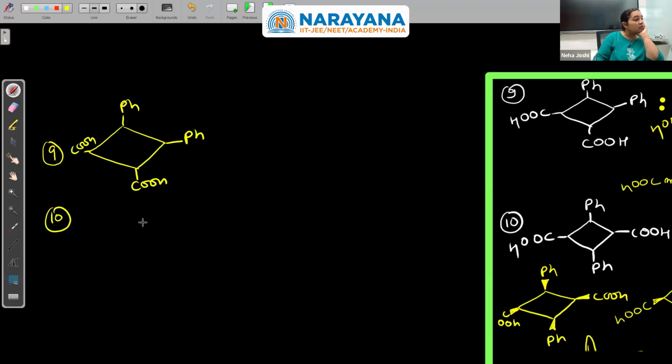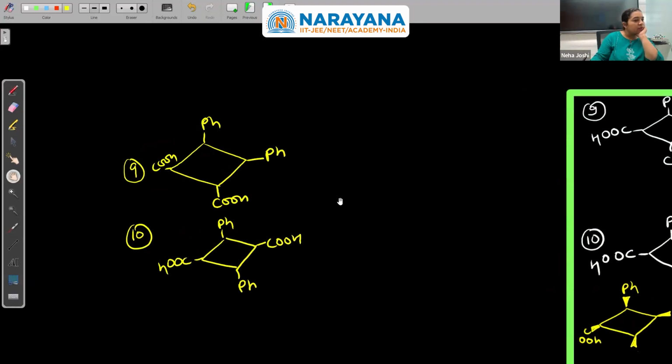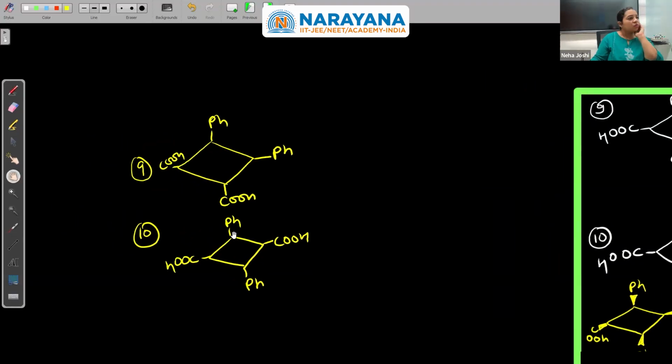And 10th is when they are placed diagonally opposite like this. Okay, now you can see properly. Do these two. One at a time, 9th alone and give me answer, then 10th alone and give me answer.